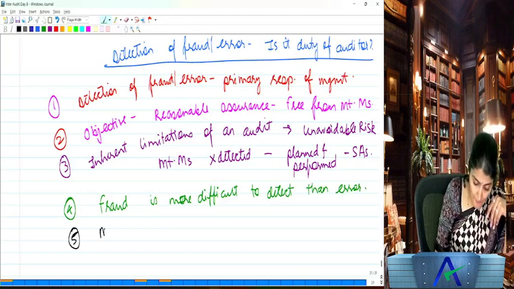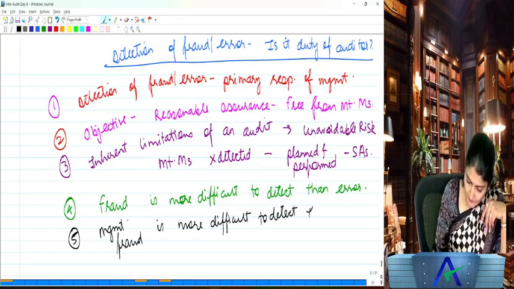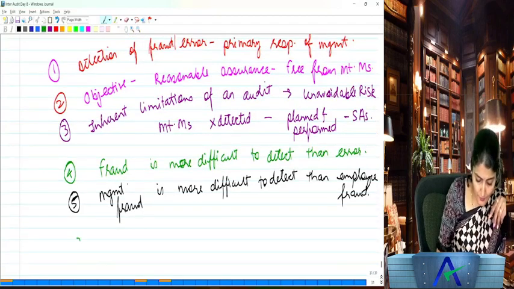Then they ask again, is detection of fraud and error your duty? He says, management fraud is more difficult to detect than employee fraud. They say, auditor, is detection of fraud and error your duty?